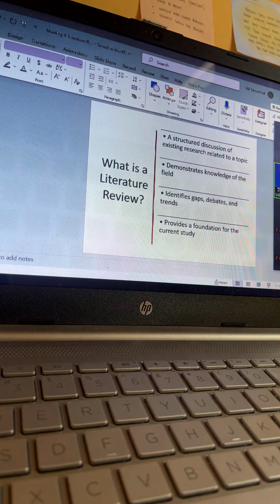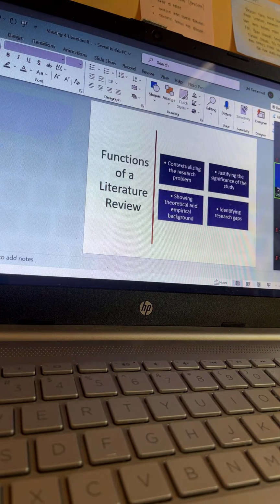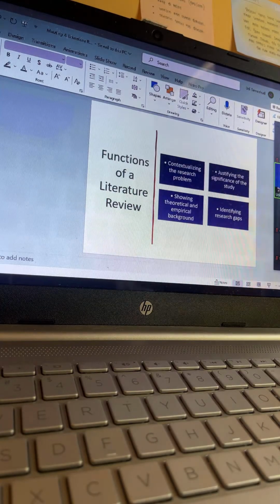All right. So what is the function? Why is it important, again, to write the literature review section in a research article? First, the very first is the contextualization of your research. People will not understand what the topic is all about unless you write about this topic in chapter 2.